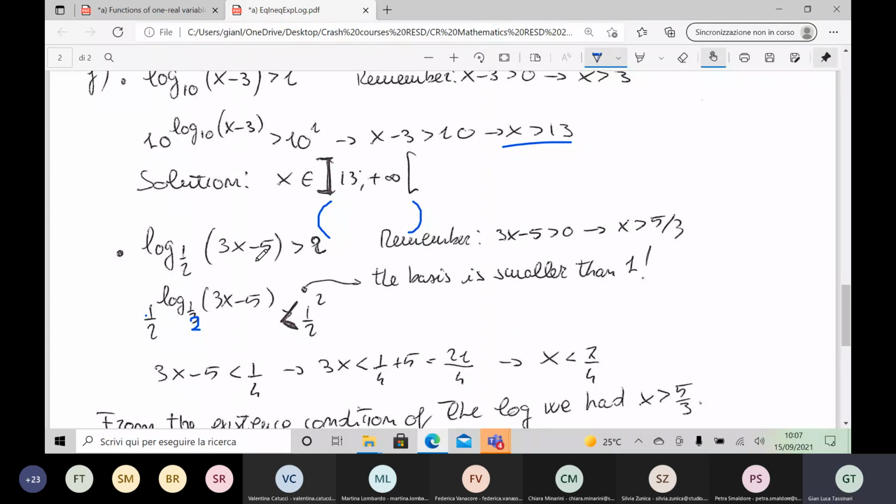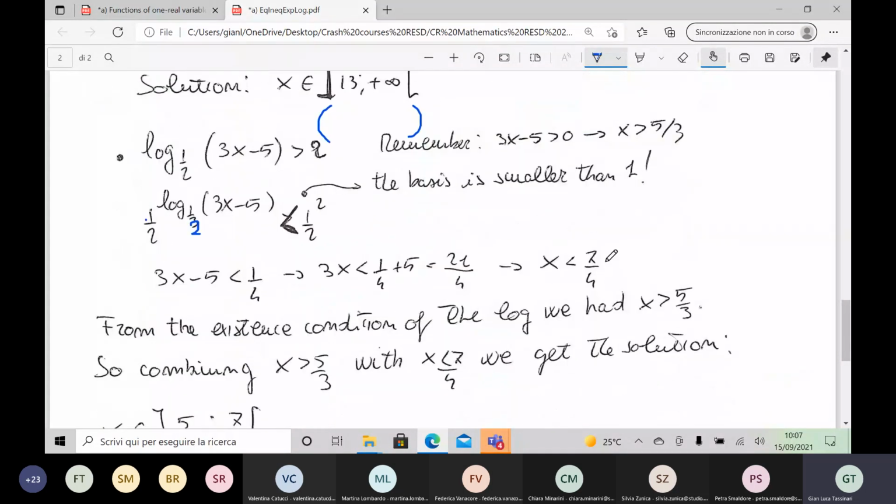Set 3x minus 5 greater than 0, and what you get is x greater than 5 over 3. So you have to pay attention, because without making the domain, in this case, you would have committed a mistake. Why? Because x must be smaller than 7 over 4, but at the same time, it must be greater than 5 over 3.